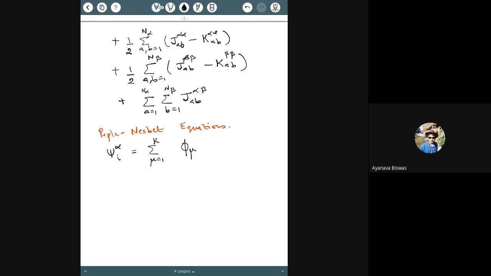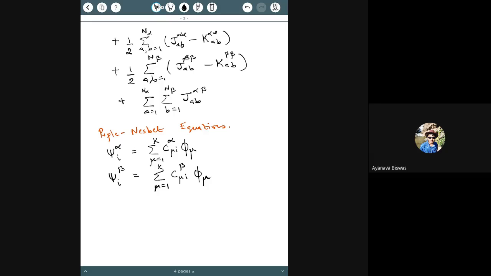They are the same, but the combining coefficients are dependent on the spin associated with this spatial wave function. So the basis set is replicated. You have psi i alpha, and psi i beta is also described by the same spatial basis set.